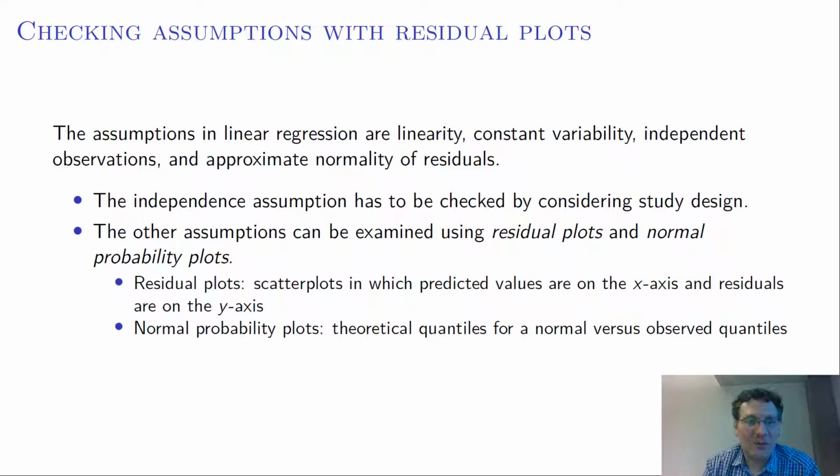Now, checking the assumptions. Remember, the assumptions of linear regression were linearity, constant variability, independent observations, and approximate normality of residuals. A residual plot can be used to check a lot of these assumptions.